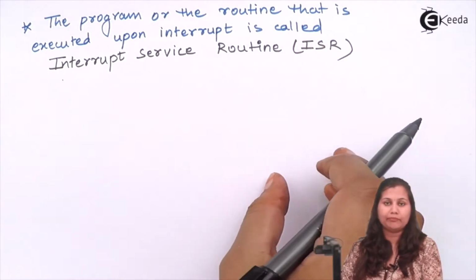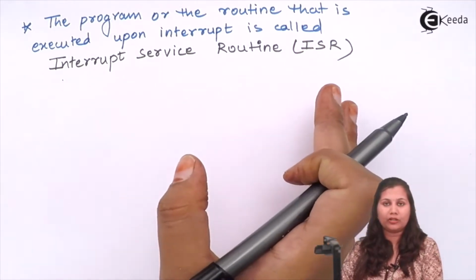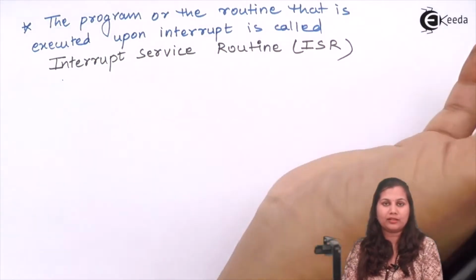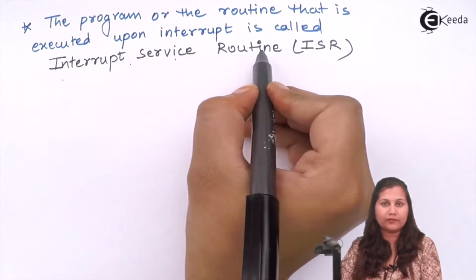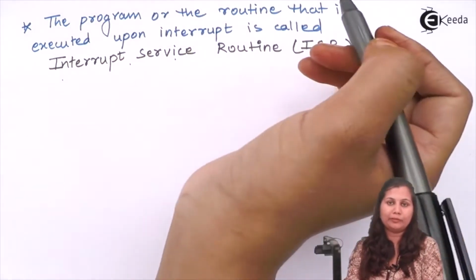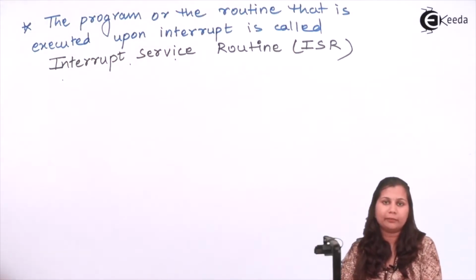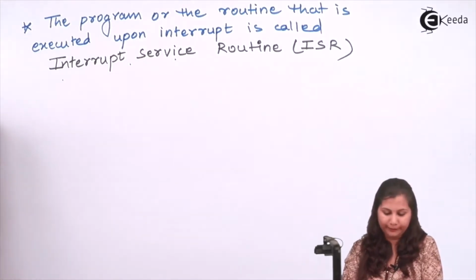So that program, which is written at a different memory location, is called the interrupt service routine. That program will be executed first and then the main program will continue.